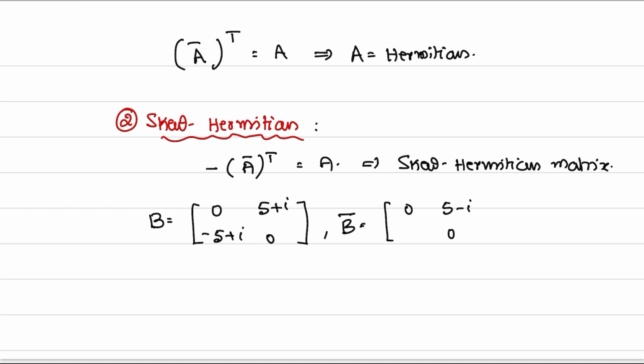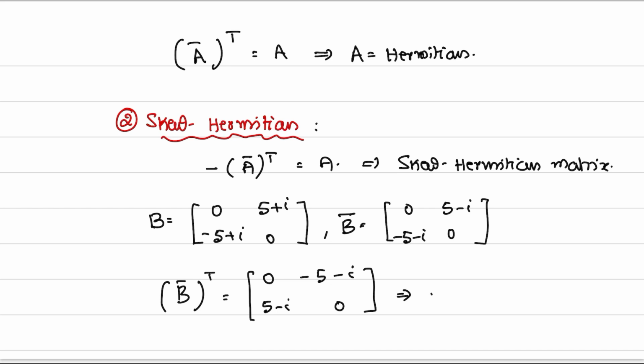And minus 5 plus i becomes minus 5 minus i, and the transpose of the conjugate is equal to [0, 5 minus i; minus 5 minus i, 0].